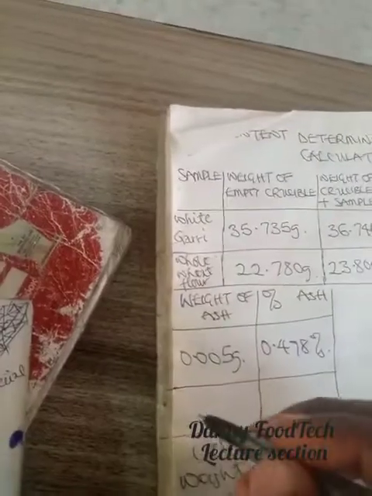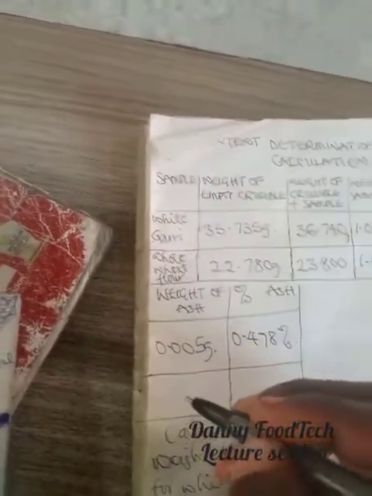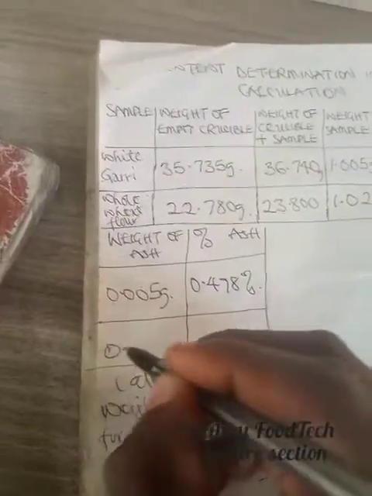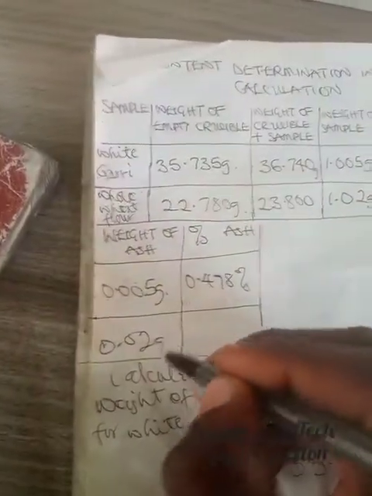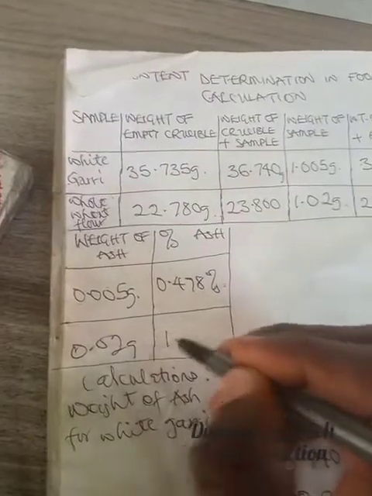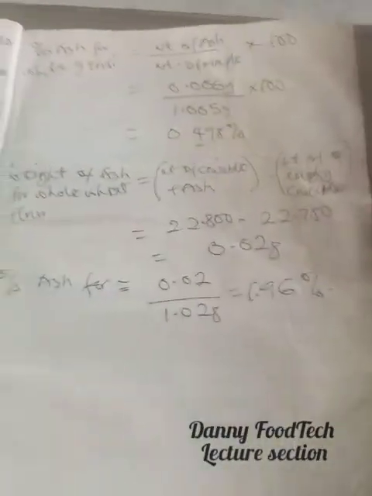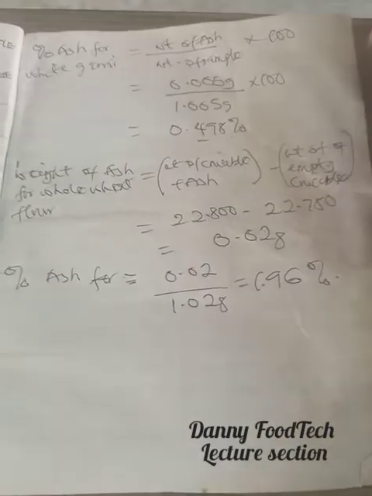So we have that the weight of the ash is 0.02 gram, and the percentage is 1.96%. As simple as it is, that is the way we simplify calculations in Danny Food Tech.